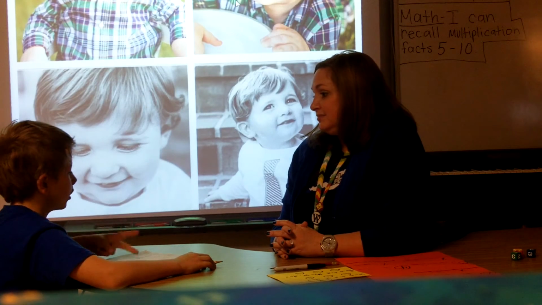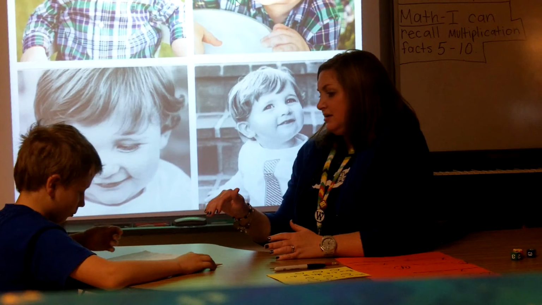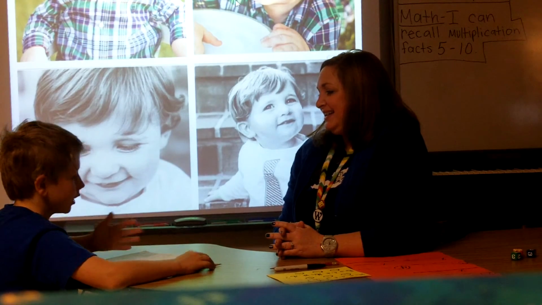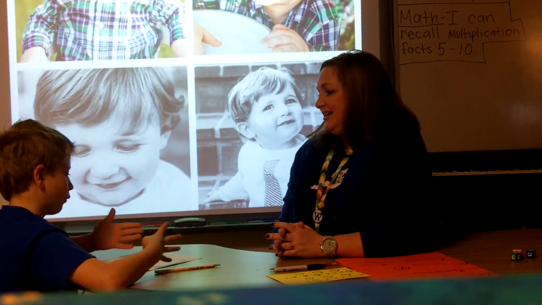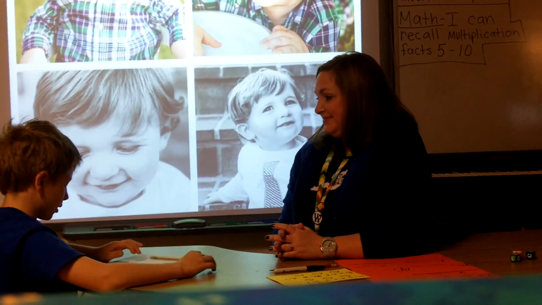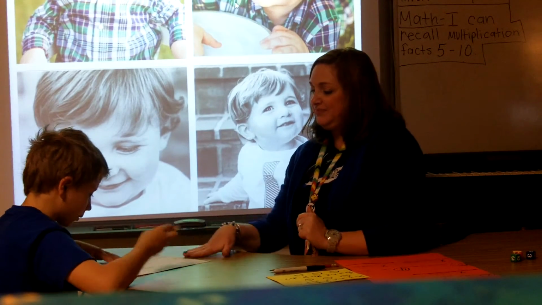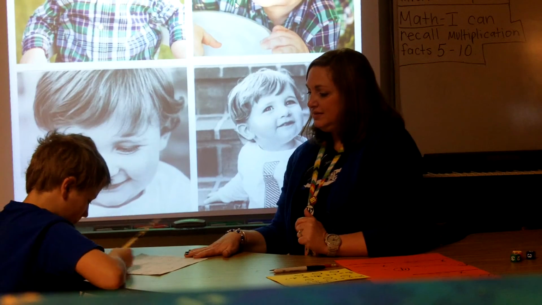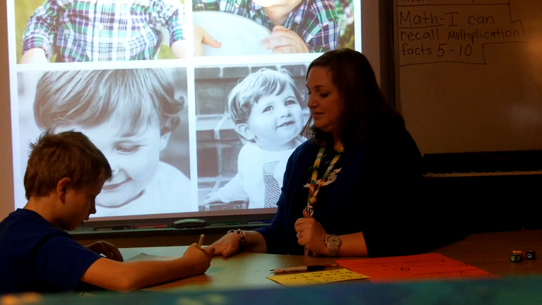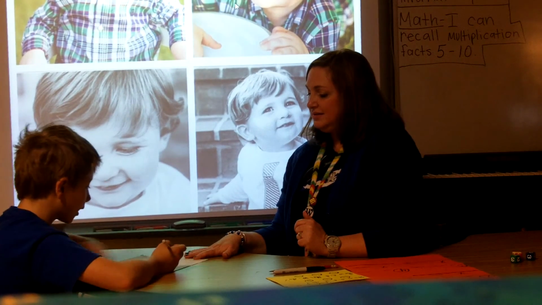So 46, 47, 48, 49, 50, 51, 52, 53, 54. So that's 54. Now 3 times 6. That is 18. Awesome. I just want to make sure I got it. Yep, I got everything.